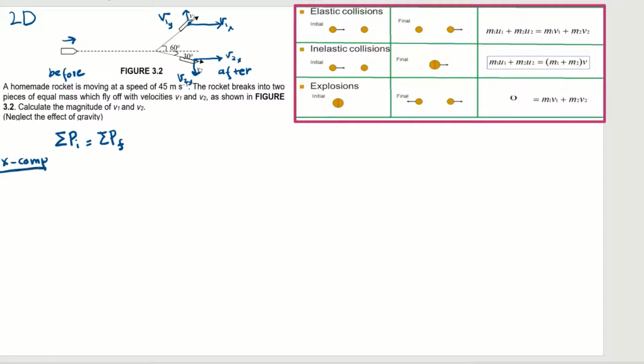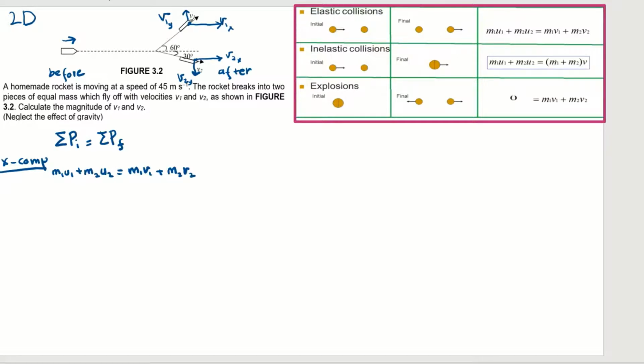Before collision the object is moving, so you can use this concept: m1 u1 plus m2 u2 equals m1 v1 plus m2 v2.